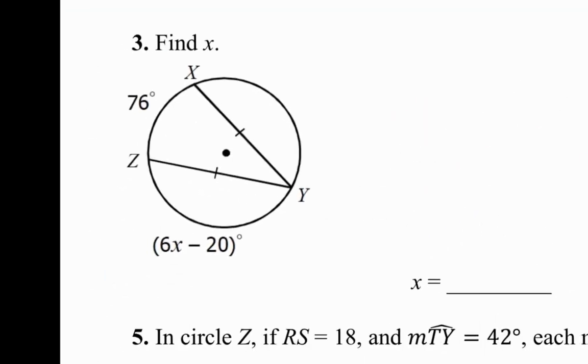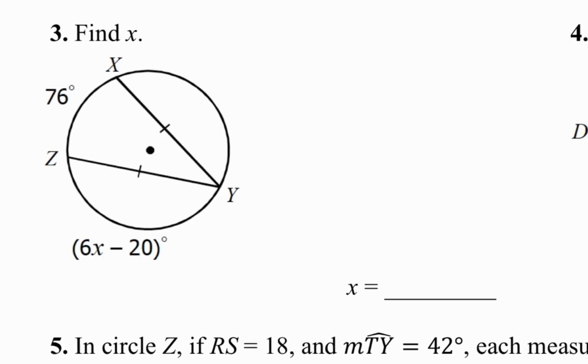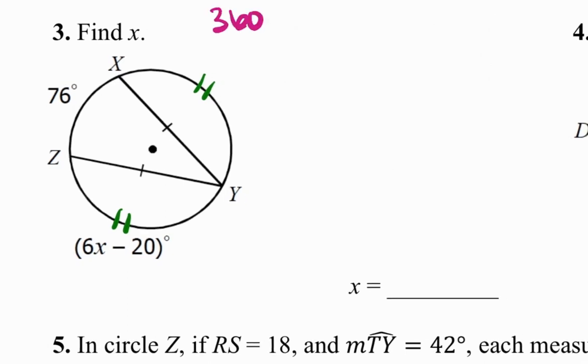Okay. Flip the page. So number 3. We know that our two arcs, YZ and XY, are congruent. So to find our arc measures, we could do 360 minus 76.